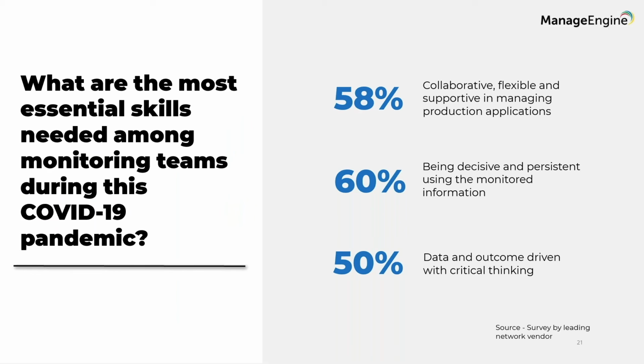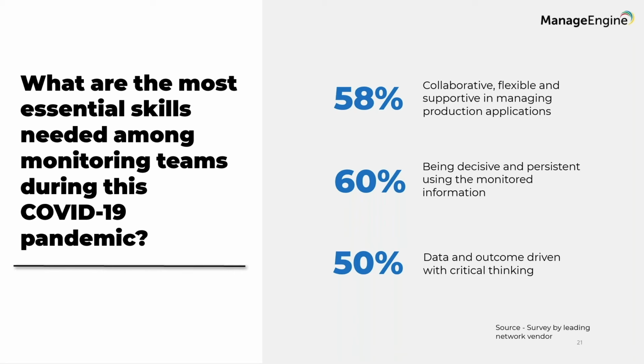So what are the most essential skills required for monitoring teams during this pandemic? As we are in the new normal, most teams need to be collaborative and flexible in managing production-grade applications, and taking the right decision at the right time using the monitored information is quite important. Thus historical data and data retention come into the picture, as most of the decisions are data driven.